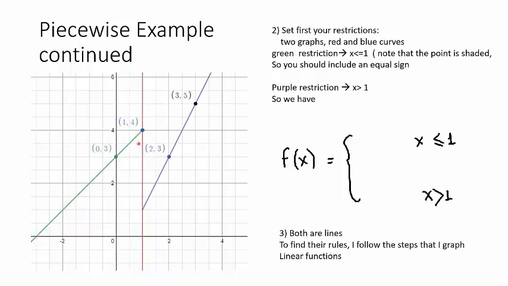Now we graph the line. We just need 2 points. So I consider the points (1, 4) and (0, 3). These are the points that will give me the slope, and also (0, 3) gives me the y-intercept. In the same way, I will continue and find the purple line. But let's do this one step at a time.